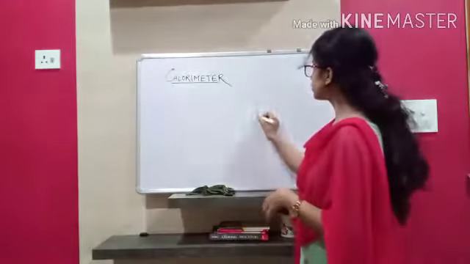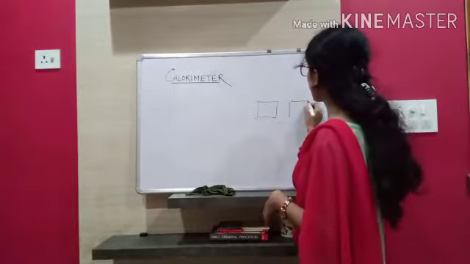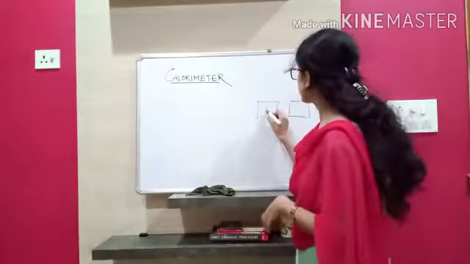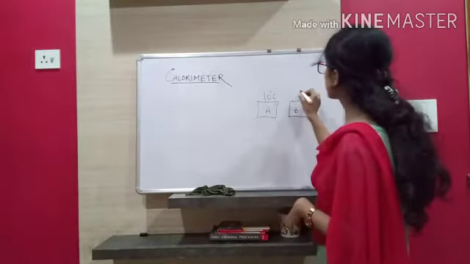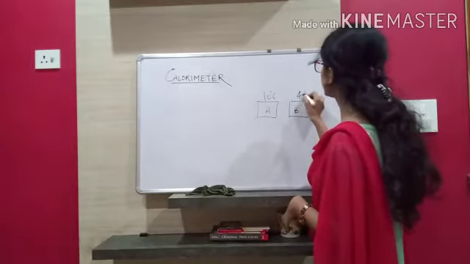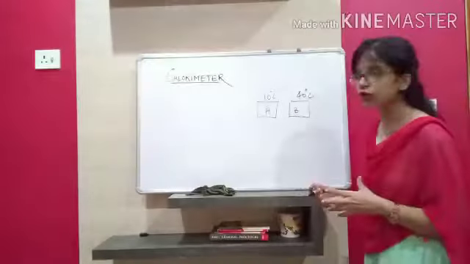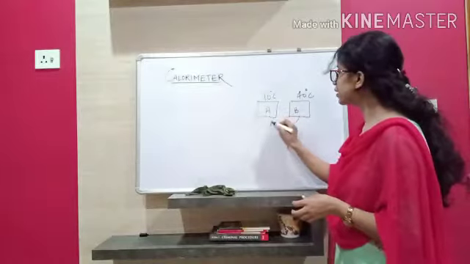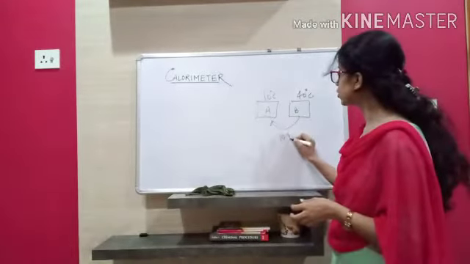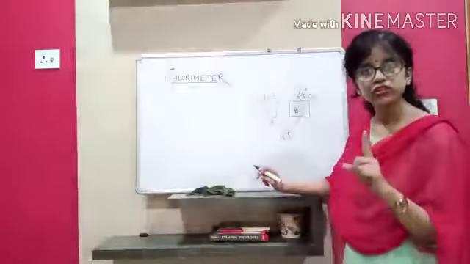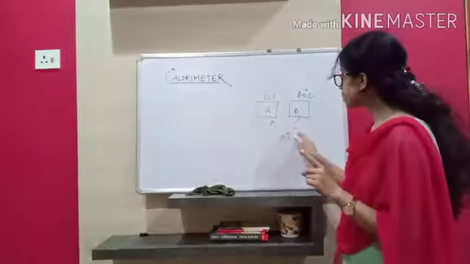Because what we study, if we have two bodies at different temperatures, let's say body A and body B. Body A is at 10 degrees Celsius, body B is at 40 degrees Celsius. So heat will flow from body B to body A. We know that. And since heat is flowing, let's say 10 joule of heat is flowing from B to A. First, this is a measurable amount.